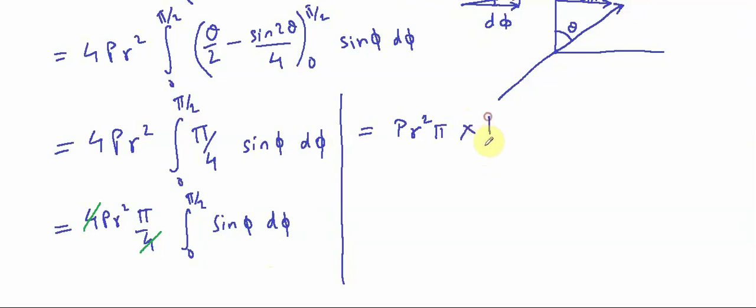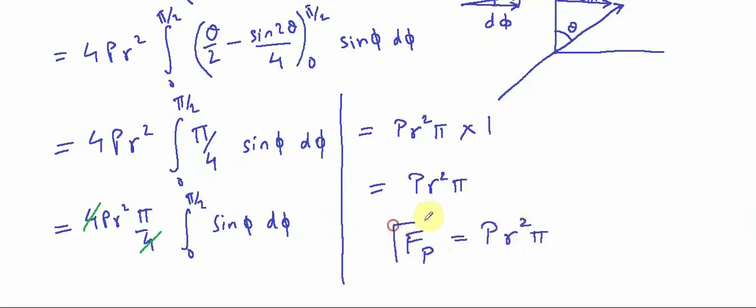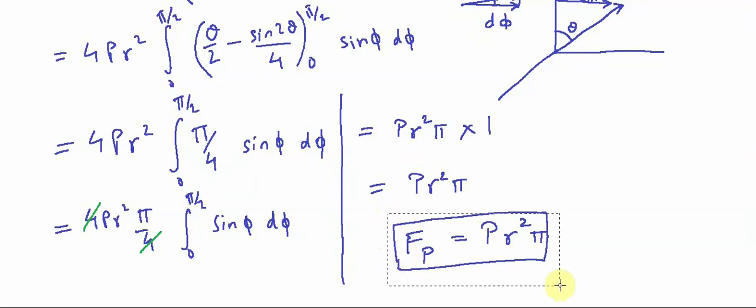So I multiply this by 1. So in the end what we have is p r square pi simply. So this is the total force. What we find here is the total force due to pressure is p r square pi.